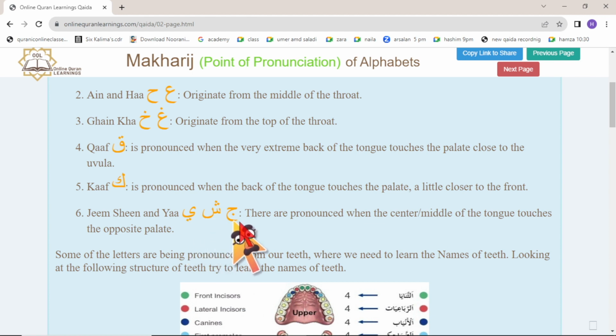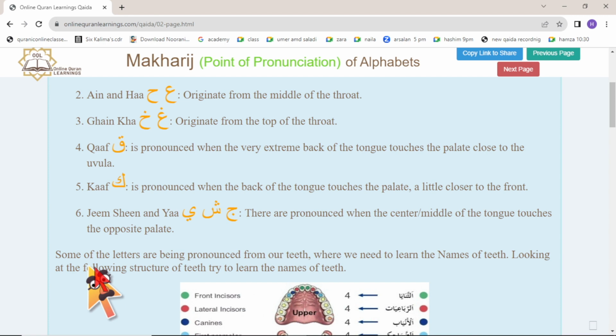These letters are pronounced when the center middle of the tongue touches the opposite palate. Repeat after me. Jim, Sheen, Ya. When we pronounce these letters, the middle of our tongue touches the opposite palate.